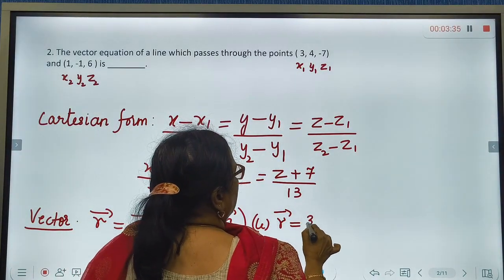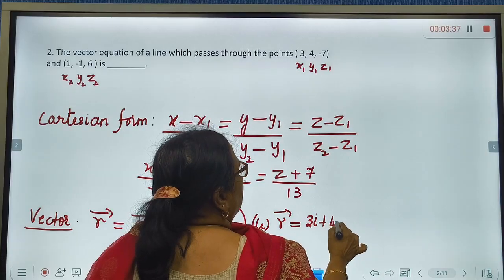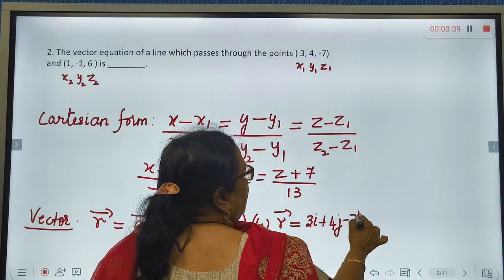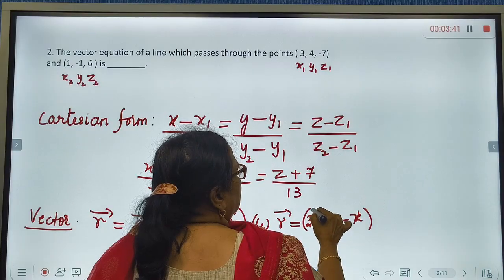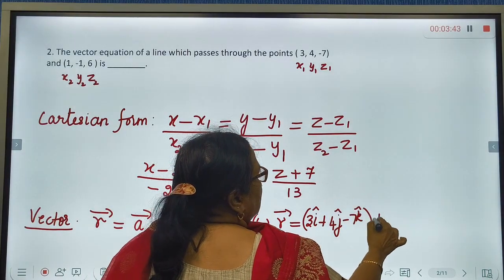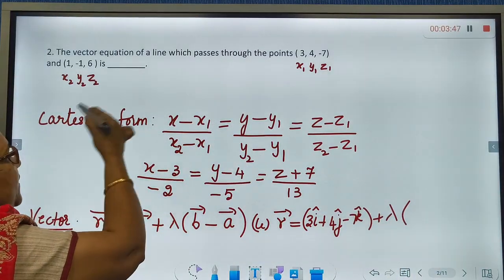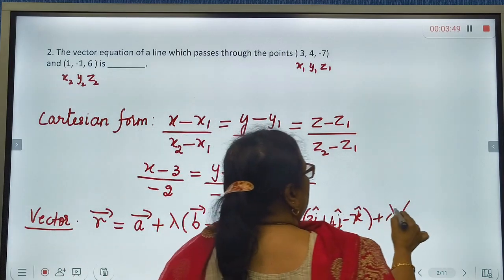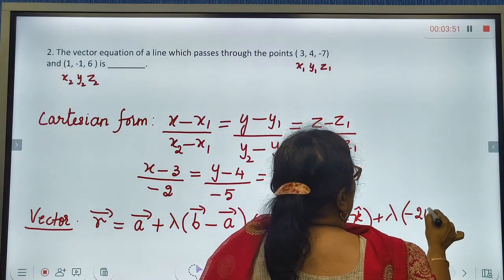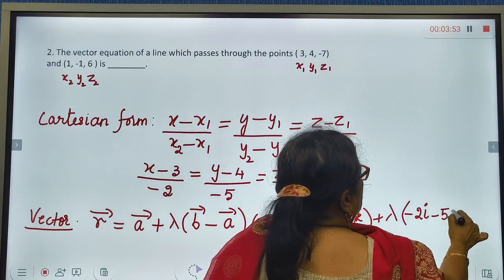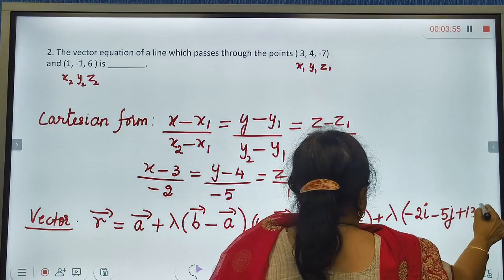So 3i plus 4j minus 7k plus lambda times B vector minus A vector, that is 1 minus 3, which is nothing but the denominator. So minus 2i minus 5j plus 13k.